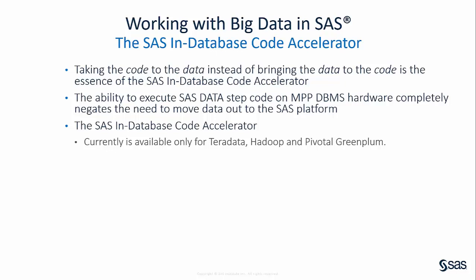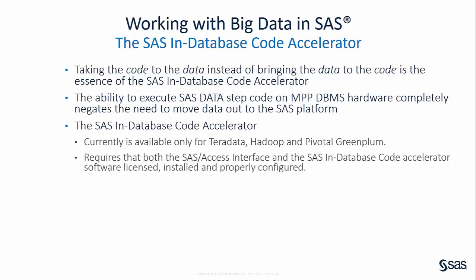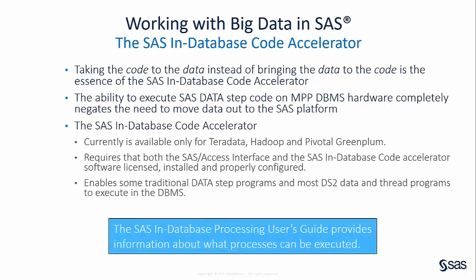The SAS in-database code accelerator is currently available for Teradata, Hadoop, and Pivotal Greenplum. You need both the SAS/ACCESS interface licensed and the in-database code accelerator licensed and configured. But this enables some traditional data step and almost all DS2 data and thread programs to execute directly in the database.